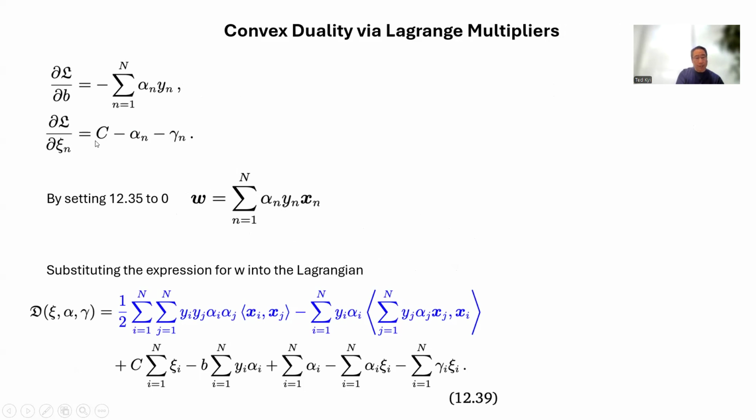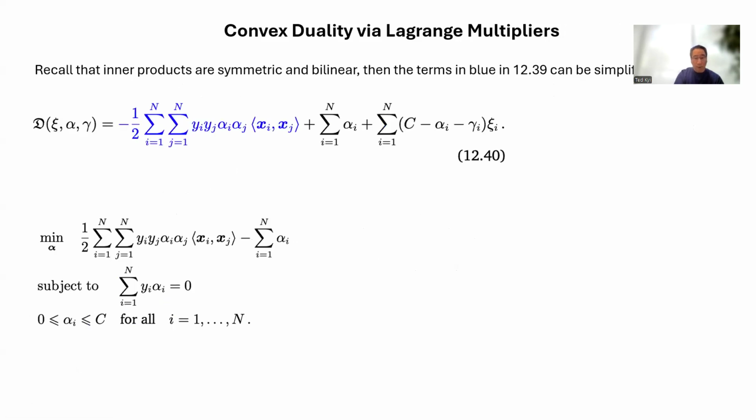And then this expression, C minus alpha minus gamma, that's also 0. And so that's how this term goes away, because this is just the sum of a bunch of zeros times C. And so in the end, we'll just be left with these two terms, the blue one here and this one here.